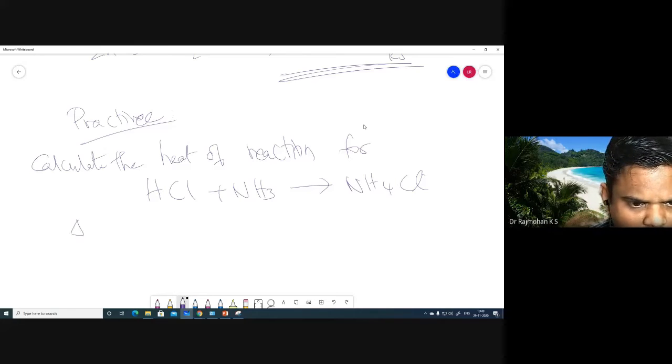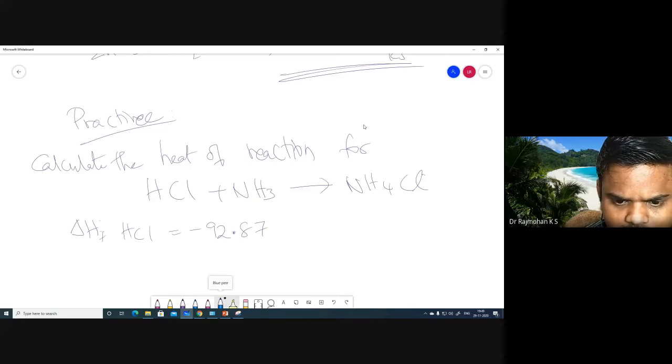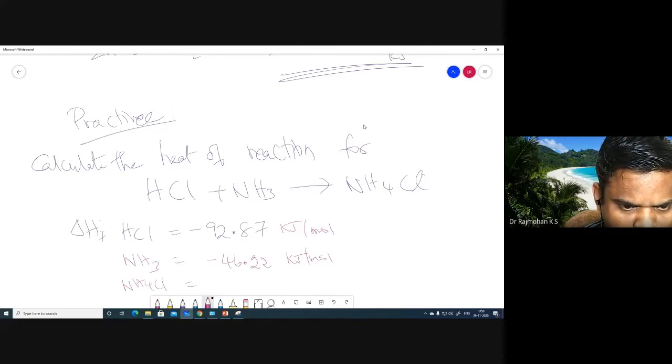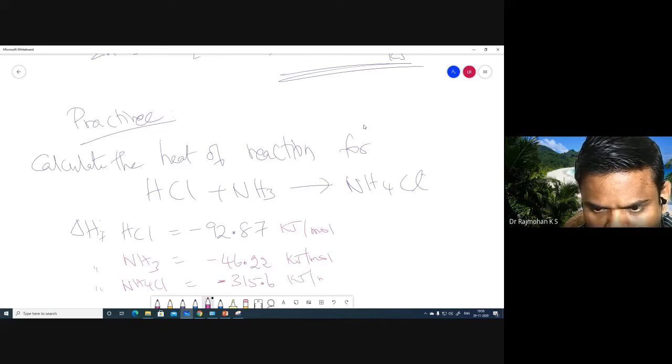The data given are delta heat of formation for HCl equal to minus 92.87 kilojoule per mole. For ammonia, it is minus 46.22 kilojoule per mole. For NH4Cl, heat of formation is minus 315.6 kilojoule per mole.